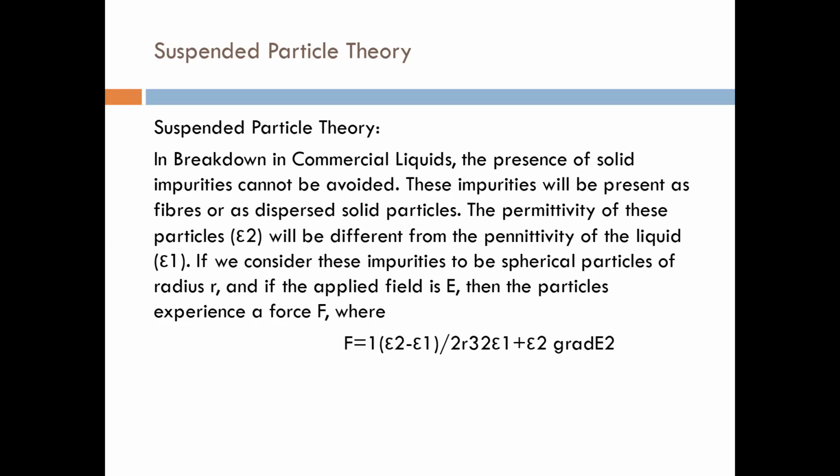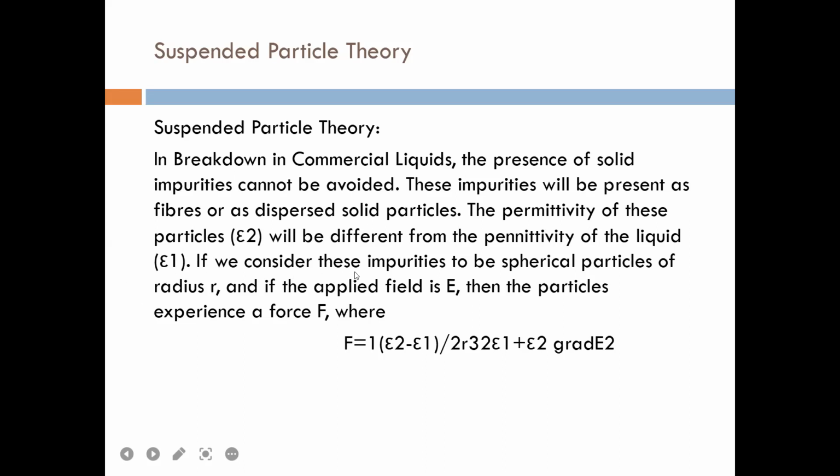Next we will see breakdown in commercial liquids. In commercial liquids, the presence of solid impurities cannot be avoided. These impurities will be present as fibers or dispersed solid particles. The permittivity of these particles, epsilon 2, will be different from the permittivity of the liquid, epsilon 1.